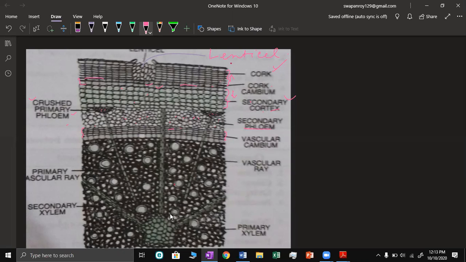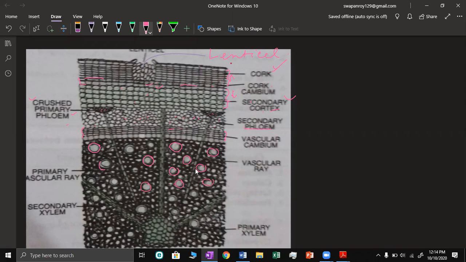And on the inner side, it has produced the secondary xylem. This is the portion of the secondary xylem. These big holes you can see are the vessels, metaxylem vessels. Vessels have a very wide lumen, only then can they conduct water very nicely.